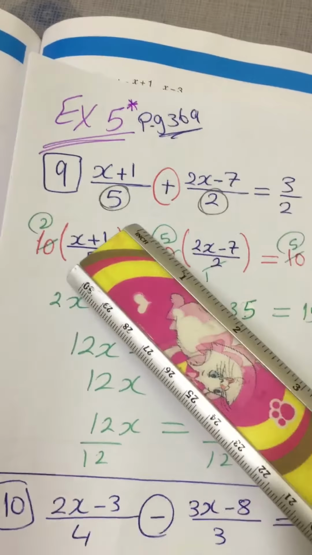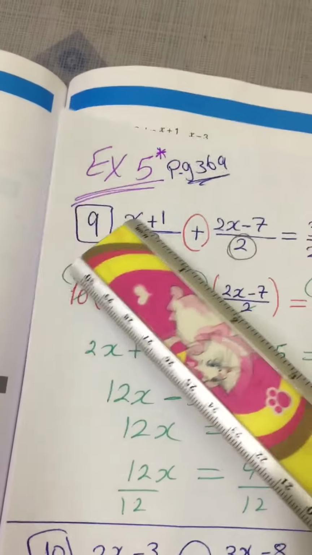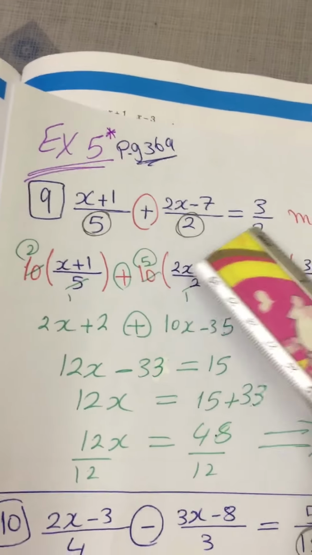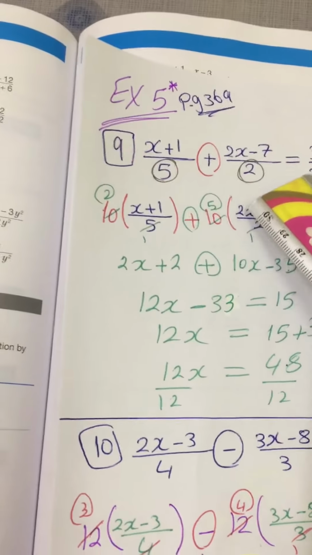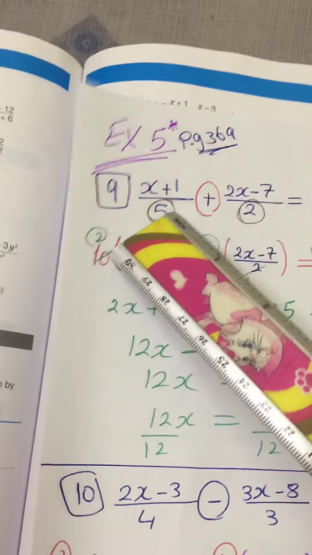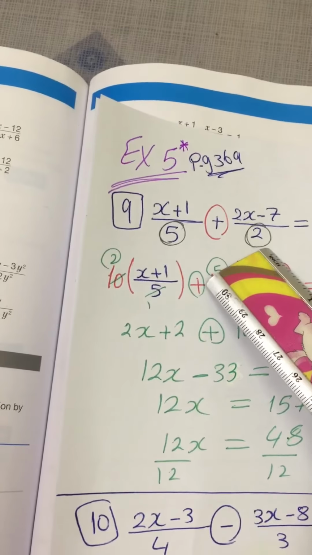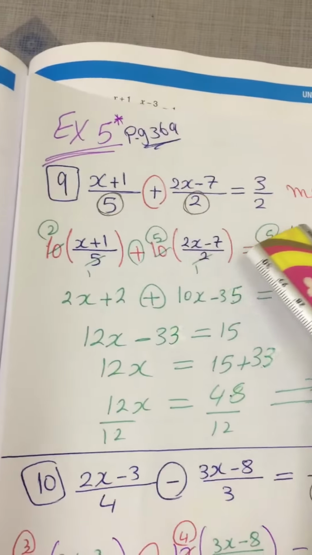In number 9, we have fractions. On the left side, we have x plus 1 over 5 plus 2x minus 7 over 2 equal 3 over 2. Look at all the denominators you have. We have 2, we have 5. It is not suitable to take one of them as LCD and multiply both sides by it.